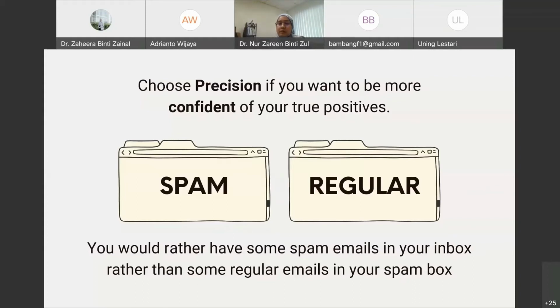So you need to be extra sure that it is a spam, then only you would put it in the spam box. If you're not sure, then your model should decide to label it as regular mail instead. Okay, so this is for precision. So if you want to be extra sure that it is positive, then precision needs to be very, very high.